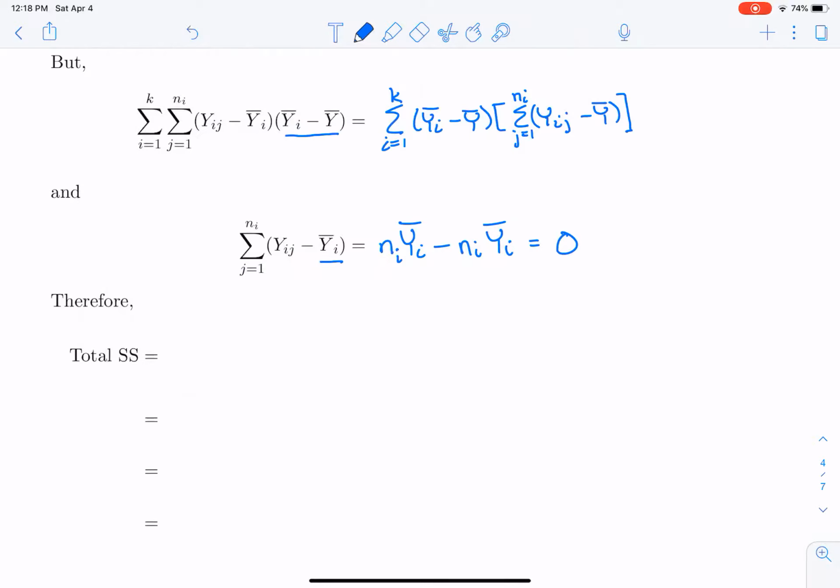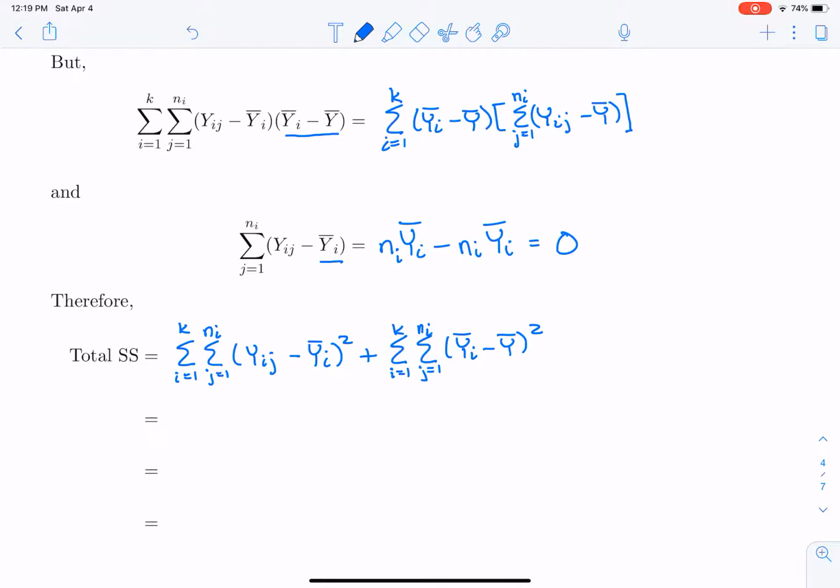So we have the sum from i equals 1 to k, sum from j equals 1 to n sub i of (y sub ij minus y i bar) squared, plus the sum from i equals 1 to k, sum j equals 1 to n sub i of (y i bar minus y bar) squared. So the total sum of squares is equal to the sum of the squares of those 2 parts.